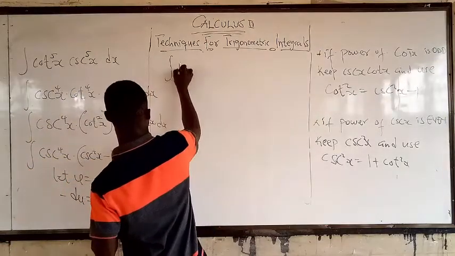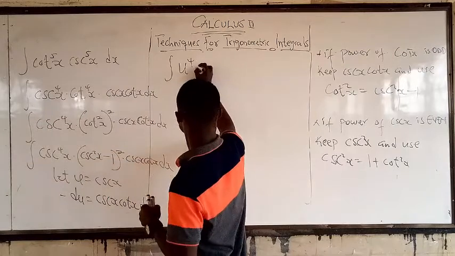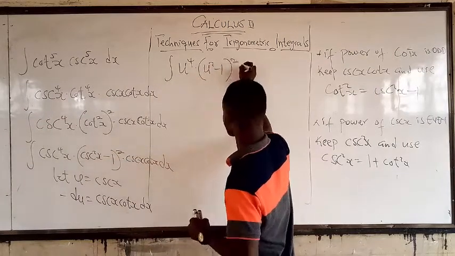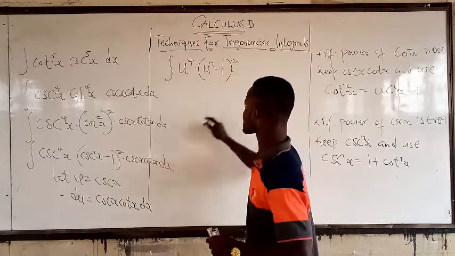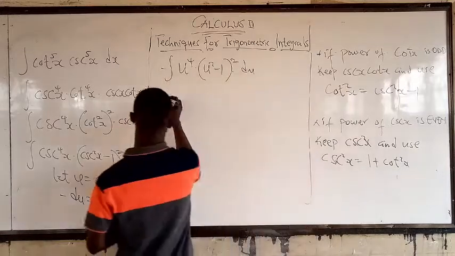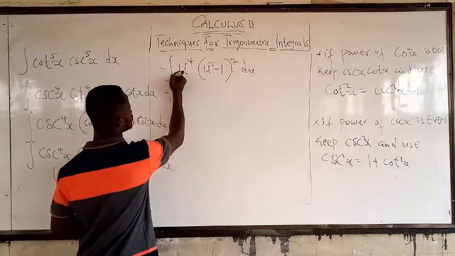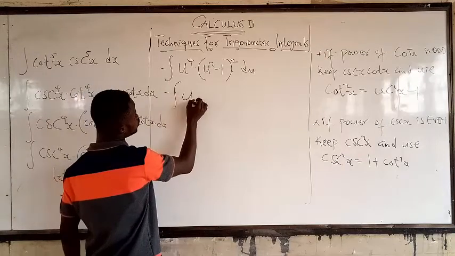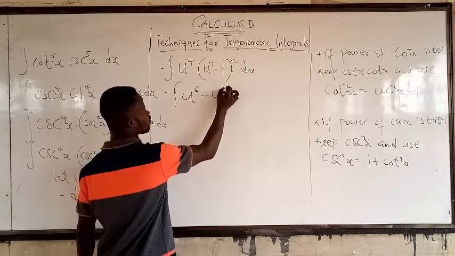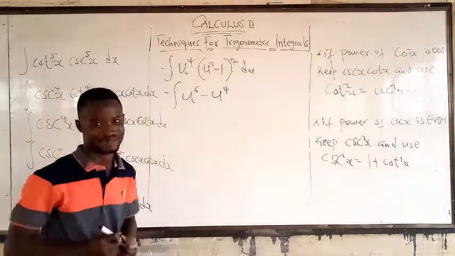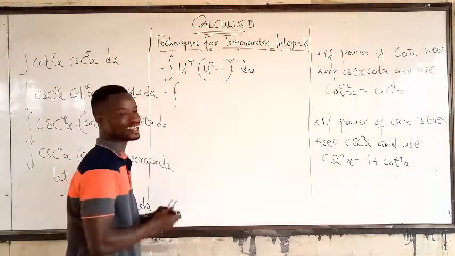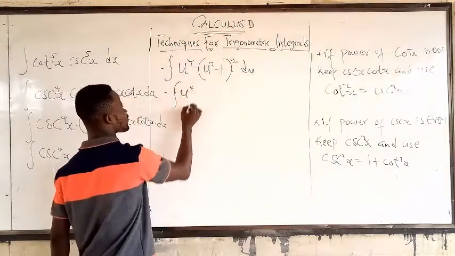So by substitution, u raised to the power 4 multiplied by u squared minus 1 all squared, times the whole of this is negative du. So we get negative integral of u raised to the power 4, oh sorry. So u raised to the power 4, what type of multiplier?